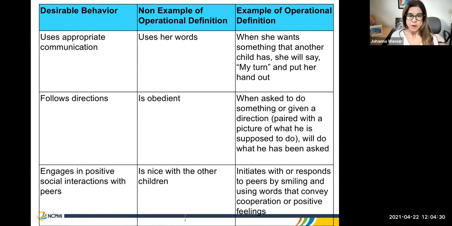Say this example, right? A child that has this impulsivity of, I really need to have that toy because that's one of my 10 top favorites. They walk over to that child calmly. They put their hand out and say, my turn. What is now the response?